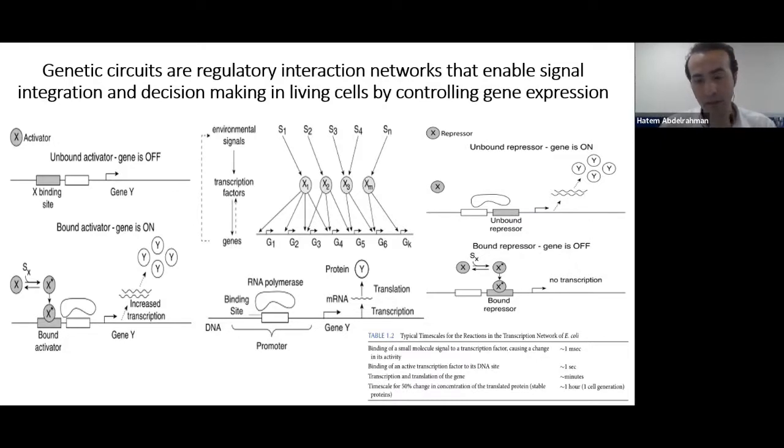The binding reaction of a small molecule to transcription factors can be very fast, on the millisecond time scale. The binding of the active transcription factors to a DNA site to initiate gene expression occurs on the second time scale. Transcription and translation can occur in minutes. However, the accumulation of the protein product, which is the slowest part of the process, can take an hour in order for a protein to reach a steady state concentration.